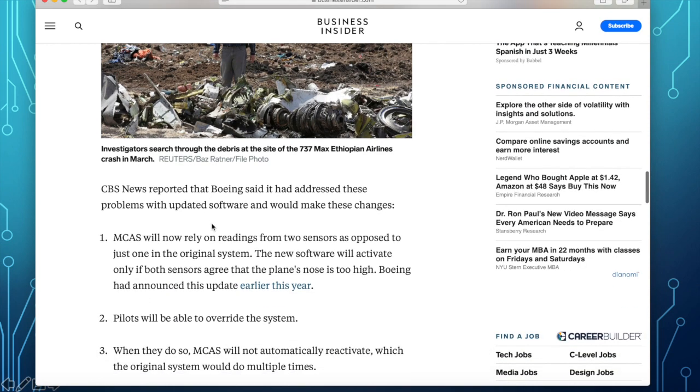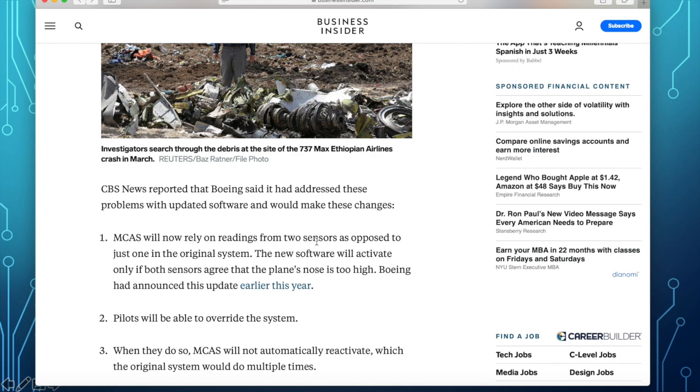There it is. These are the three fixes they have made to the software. Okay. So instead of one sensor, MCAS will read from two sensors, and these sensors measure the angle of attack by the aircraft or position in the sky of the airplane.